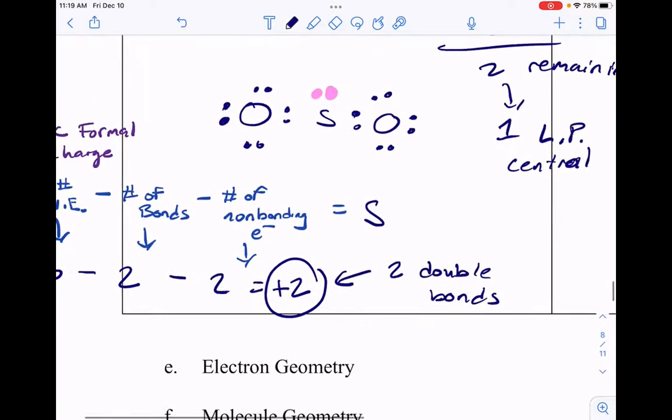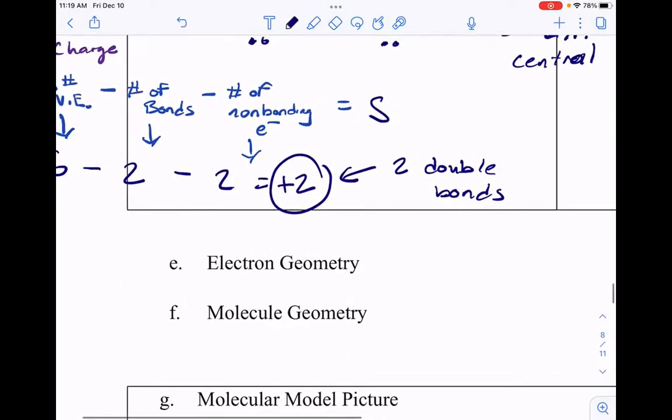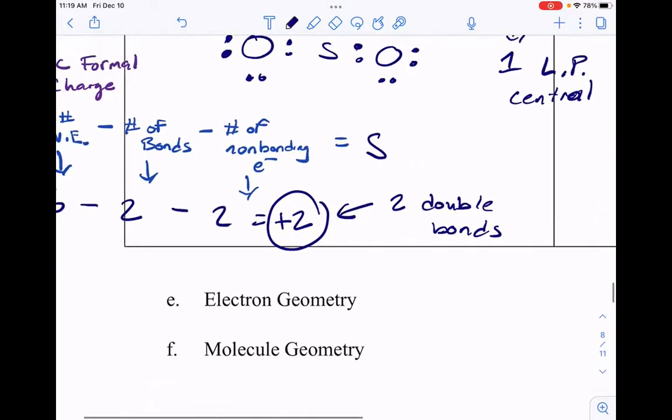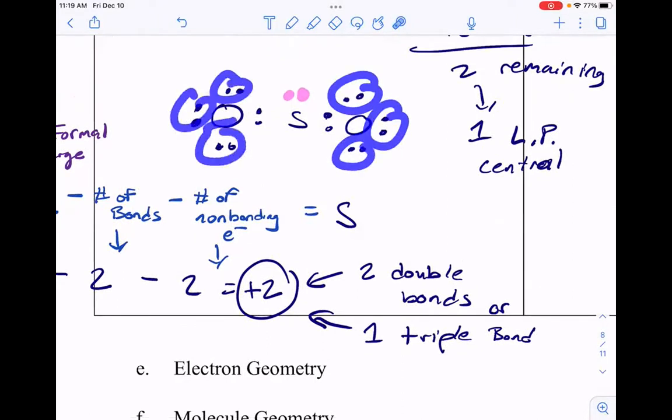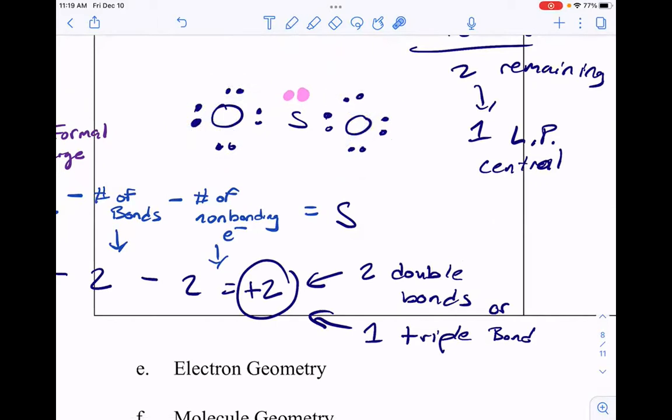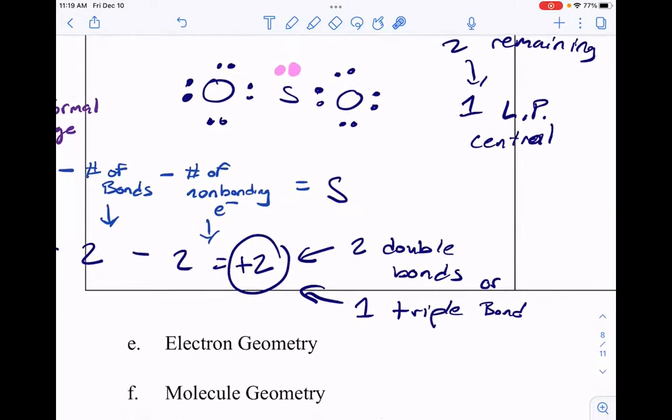So what this means is that we need 2 double bonds. And the reason why, so actually the other option is to have 1 triple bond. Now, because there are many sources of lone pairs surrounding the central atom, this is highly unlikely to form.